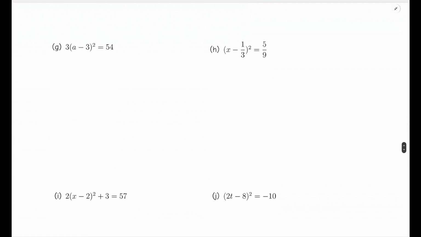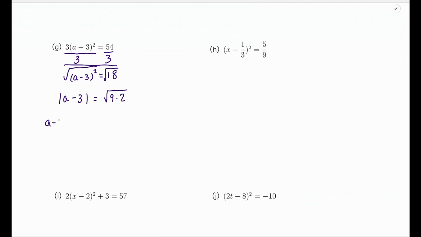Part G. 3 times the quantity a minus 3 squared equals 54. So I'm going to divide by 3 first. We get a minus 3 squared is equal to 18. Take the square root of both sides. Get the absolute value of a minus 3 is equal to the square root of 9 times 2.